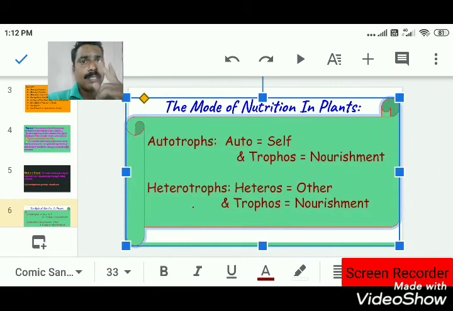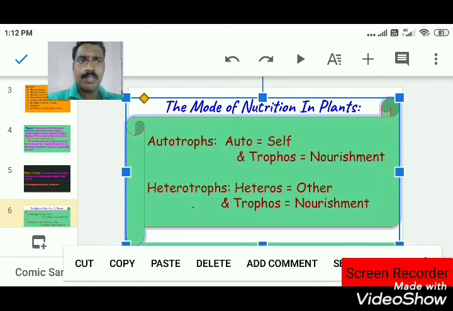Autotrophic nutrition in plants takes place in two very important modes. One is photosynthesis, second one is chemosynthesis. Photo means light, synthesis means putting together, that is, self preparation of food by photosynthesis.